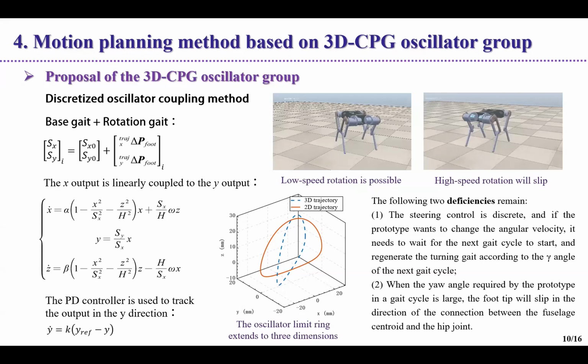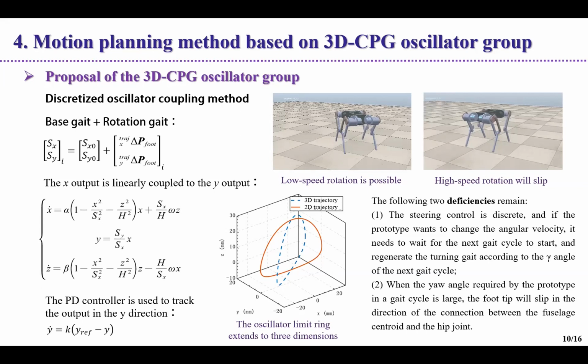The red curve in the middle shows the oscillator output in the simulation environment. Compared with the original semi-elliptical oscillator output, it can be seen that the limit cycle extends to 3D space and still maintains a good steady-state output.